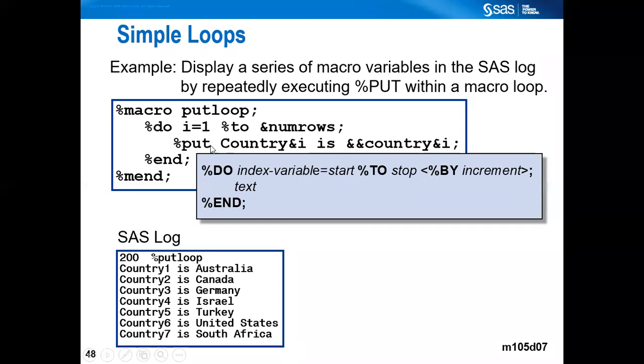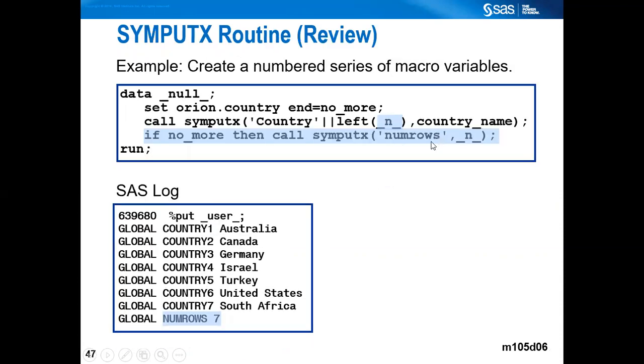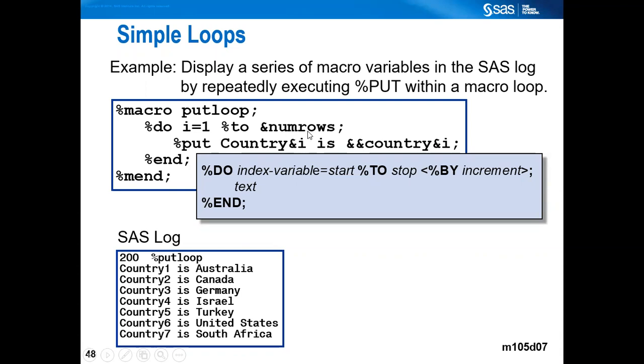This %to will also be preceded with a % sign, &rows. So %put country&i is &&country&i. So this is what it's trying to tell you, that &numrows is actually a macro variable which is going to create the number of rows from your data. Correct? So this was your numrows. And you're checking these values within a loop by writing %put.